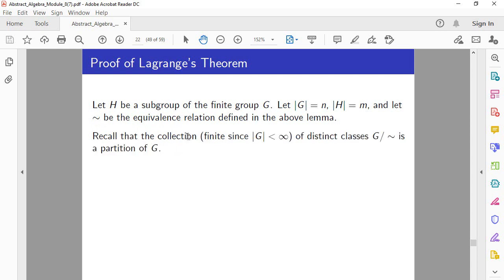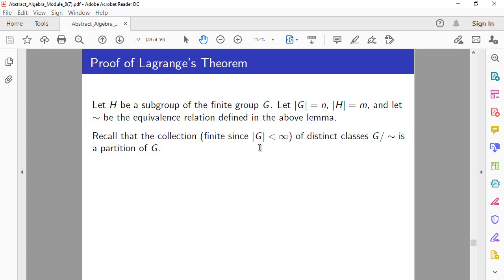Recall that the collection of distinct equivalence classes is denoted by G/tilde. The distinct classes of tilde form a partition of G, and the number of classes would be finite because G is finite.